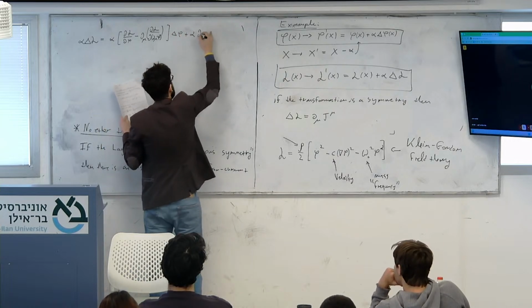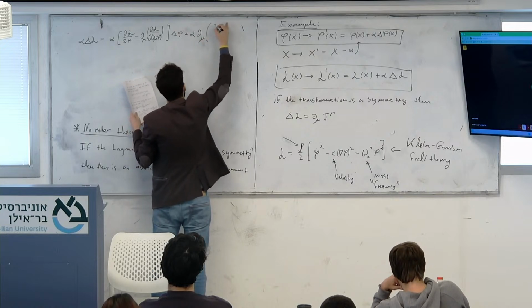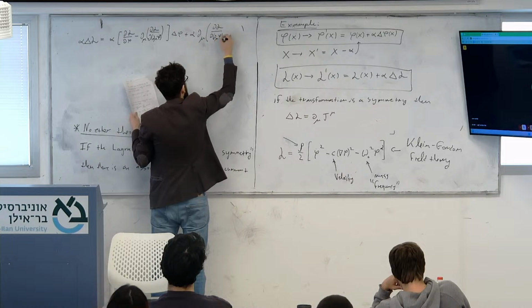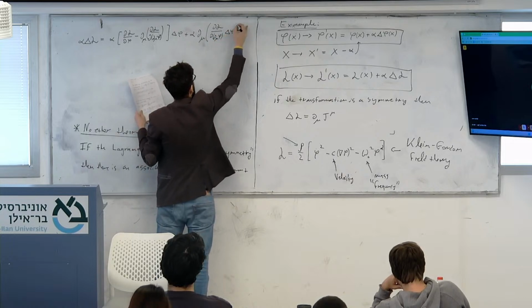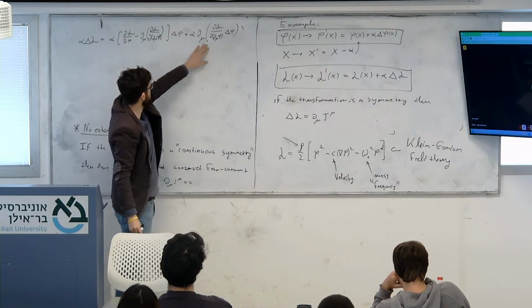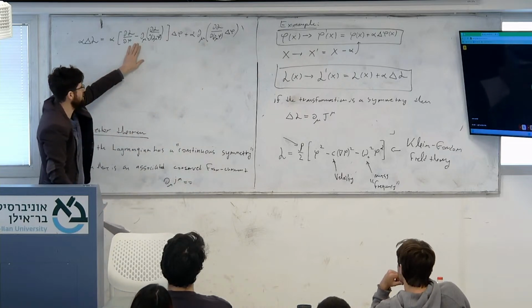So the boundary term is just d_mu times dL/d(d_mu phi) times delta phi, including everything. Okay, so this is the boundary term, and this is the equations of motion.